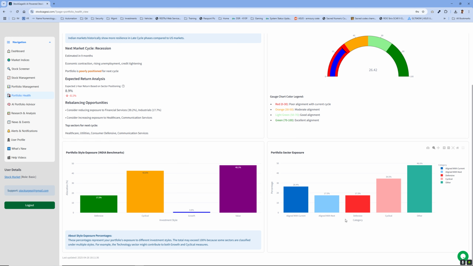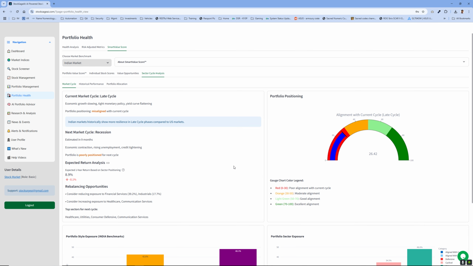So this is something which we need to look at as investors, because a lot of people I know don't understand what a market cycle or a sectoral cycle is. It's primarily because of lack of knowledge, as well as there being no systems which provide them this information.